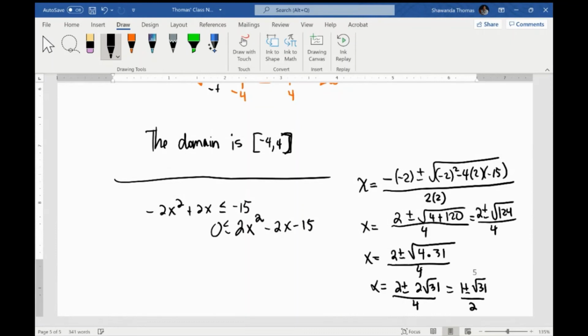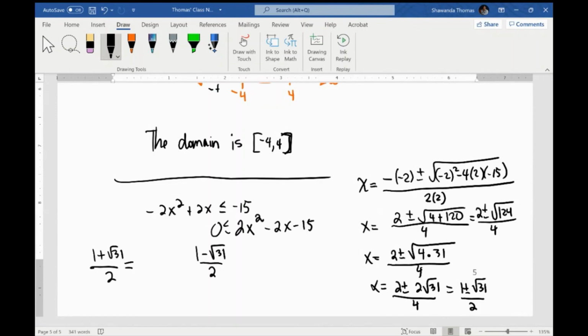All right. So we need to know, what is 1 plus the square root of 31 over 2? In your calculator, tell me what that is. And then tell me what is 1 minus the square root of 31 over 2. We need to know what the number is as a decimal.